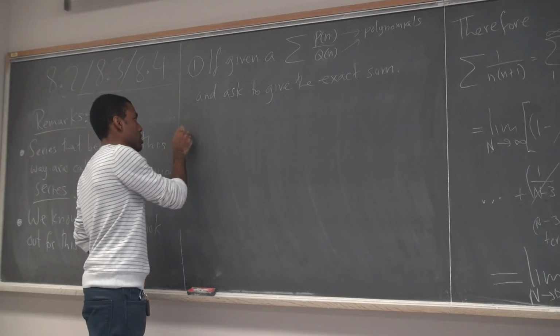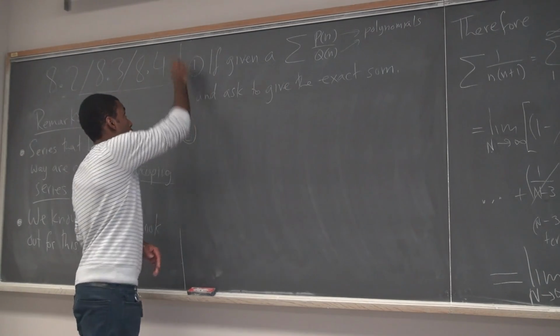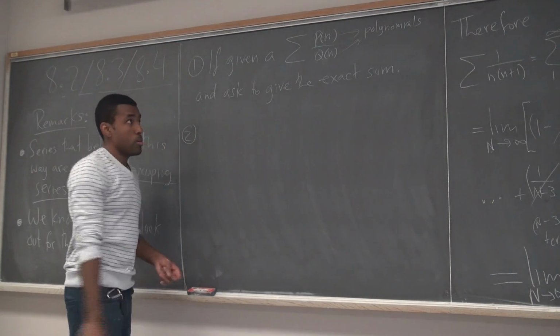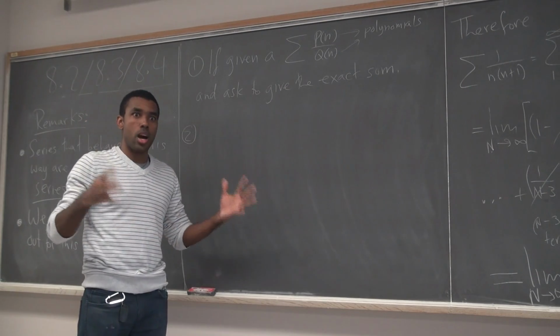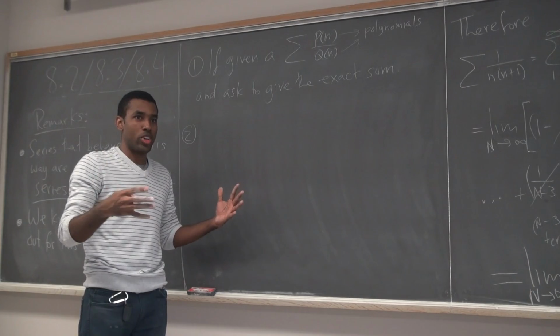These are just some options that you think about, right? So here's the thing. Remember, series in general, I'm really glossing over this, but in general, they're really hard to actually calculate, right?